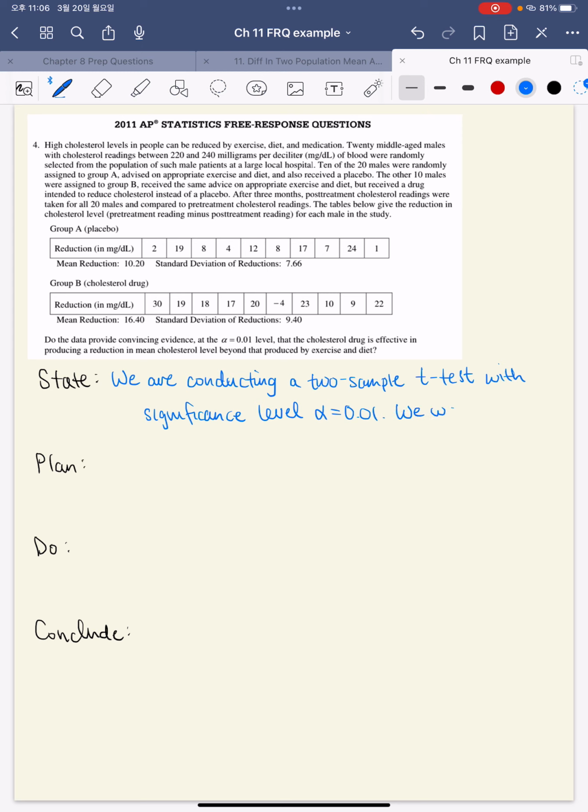Now you have to state the hypothesis. Test the following hypothesis. Okay, I'll just delete this for now. So now we have to talk about our null hypothesis and our alternative hypothesis.